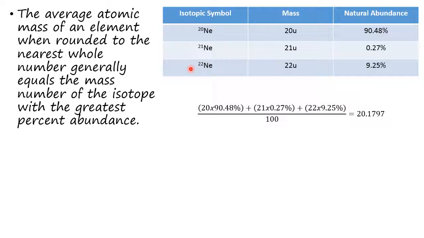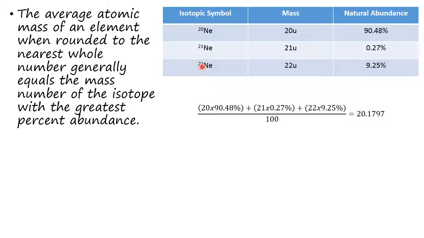And so using the same equation we used earlier, we take the mass of each isotope and multiply it by its natural abundance. So neon 20 has a mass of 20, and so we multiply it by 90.48%, which is its natural abundance. And then we add that value to the mass of each isotope multiplied by its natural abundance. So neon 21 has a mass of 21 and a percent of 0.27%.